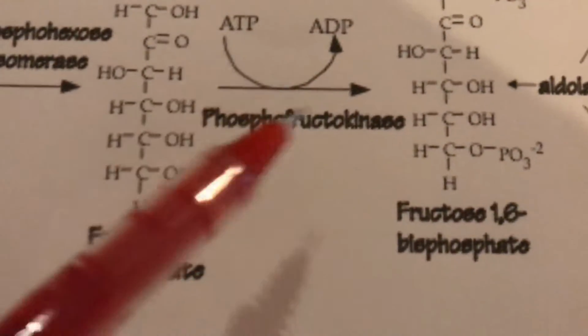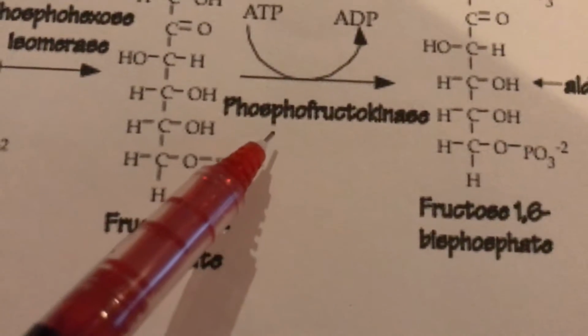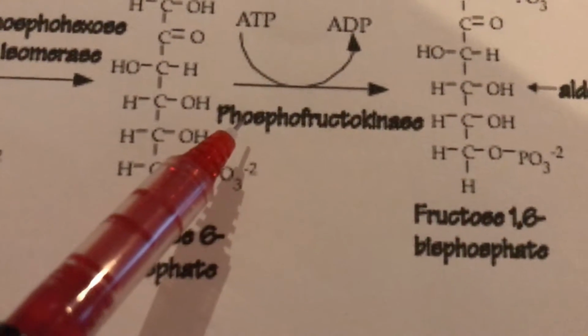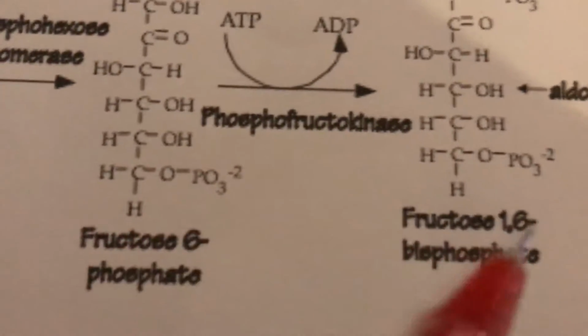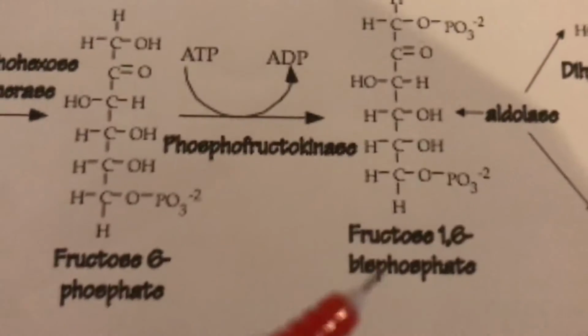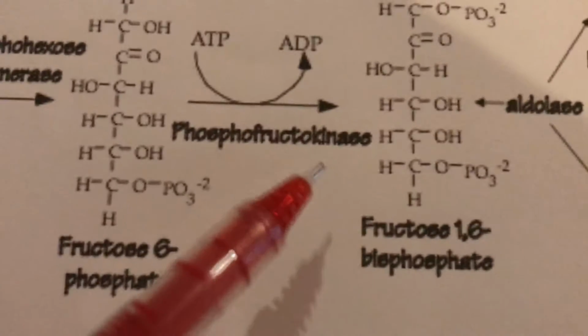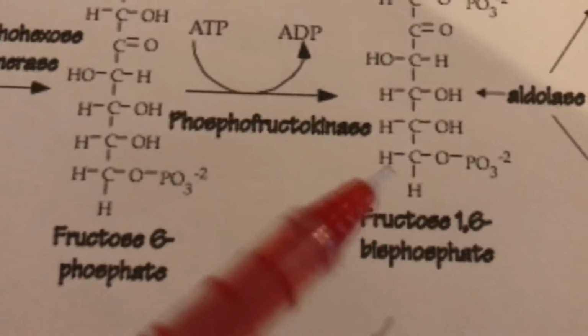And so next, fructose 6-phosphate undergoes a change from fructose 6-phosphate to fructose 1,6-bisphosphate via the enzyme phosphofructokinase. And phosphofructokinase, remember, anytime you see kinase, it's adding a phosphate group.